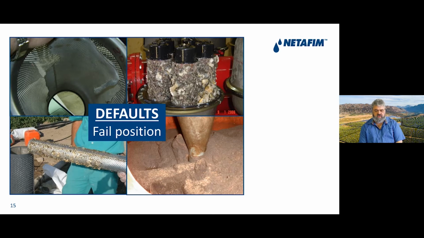If you can see in the front left-hand side of that picture, it's like a tunnel that's forming in the sand, and that will happen if you don't flush the sand filter often enough to rejuvenate the sand bed, or if you don't replace the sand when it's required.